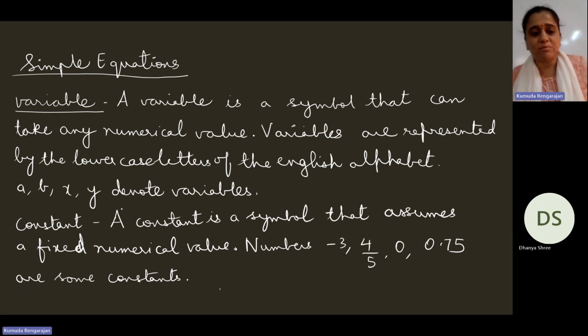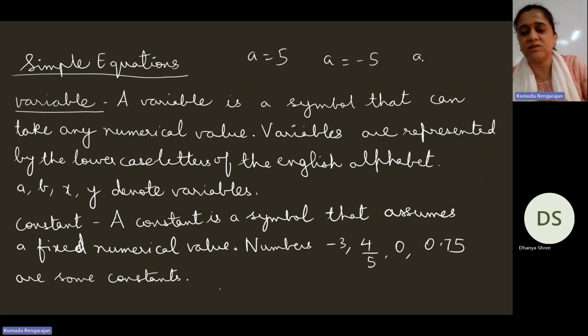Now, variables are represented or denoted by the lowercase letters of the English alphabet. So you can see here a, b, x, y, and so on. And constants, you can see the numbers here, -3. It's a fixed value. -3 is -3. Now here, a can take the value 5, a can take the value -5, or a can take the value 7/10.